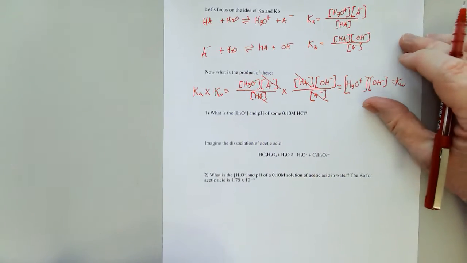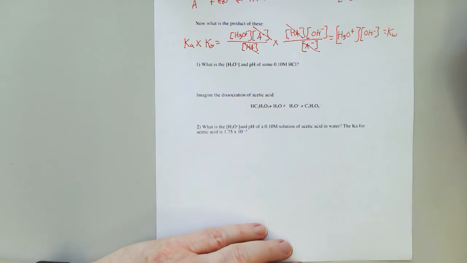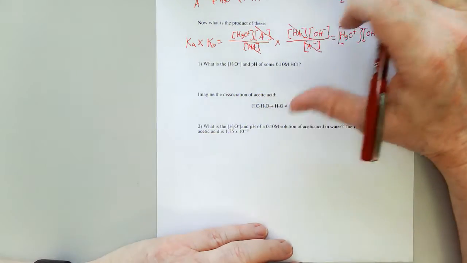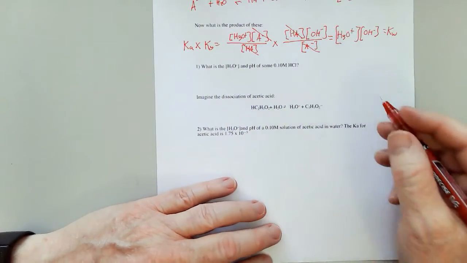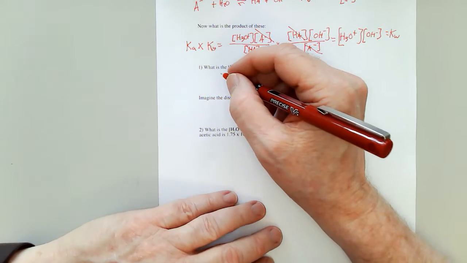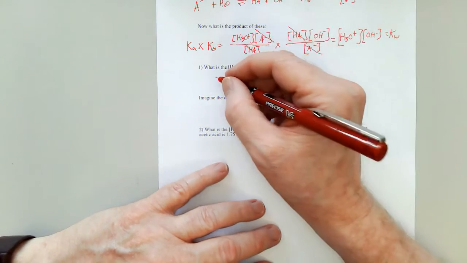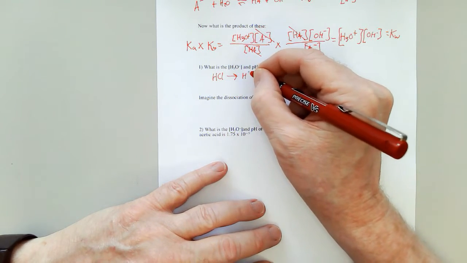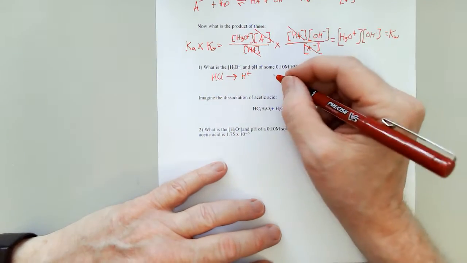Okay, so now, to draw the distinction between a strong acid where Ka is large and a weak acid where Ka is small, let's think about HCl. HCl is a strong acid. So whatever the HCl concentration is, it becomes the H plus concentration.